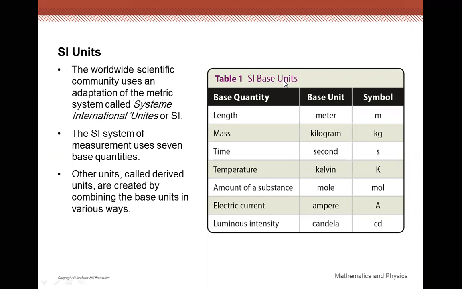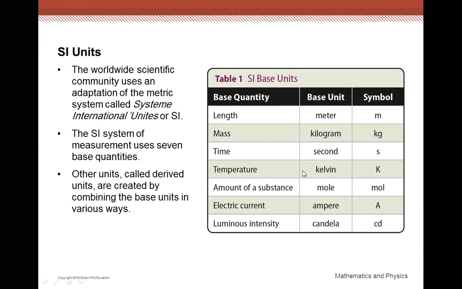If you are at a scientific conference, how are you going to express the value for mass? You will say that the mass of an object is 10 kilograms, or the time you took to travel to the conference is 900 seconds, or the distance between your house and the conference is 10 meters. So now you will use some base units here.